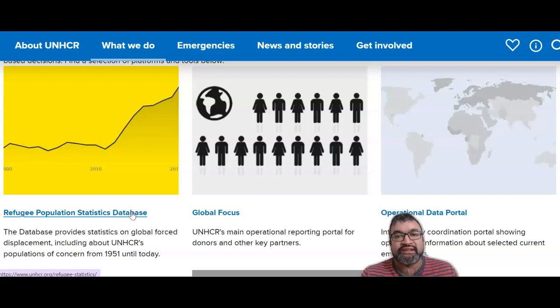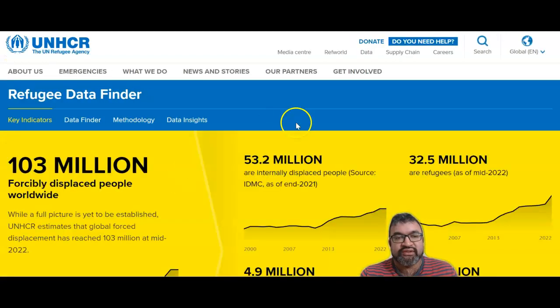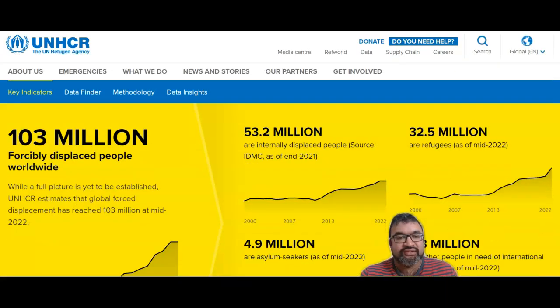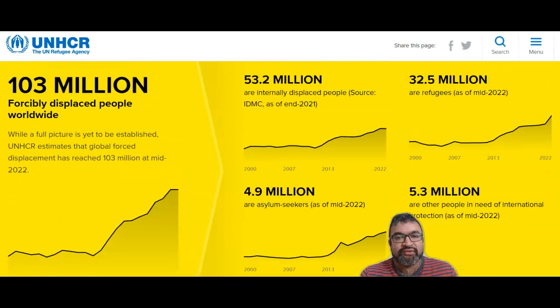And the starting page was unhcr.org. So I'm taking you through the website and to the data set so that you can directly understand and know where it is. Again, the starting website was unhcr.org. So here's the refugee data finder, and we're almost there.